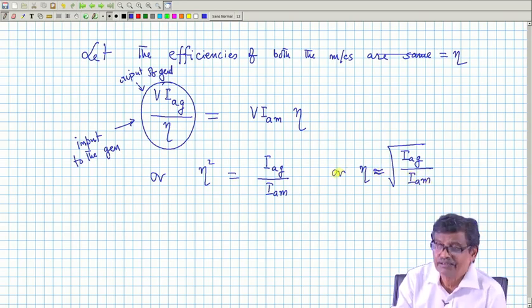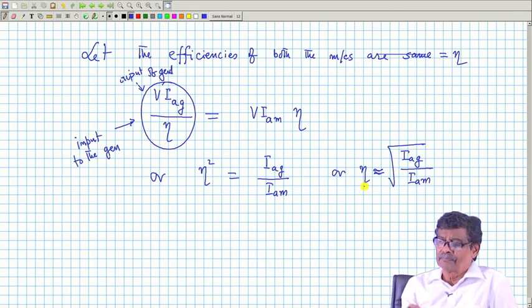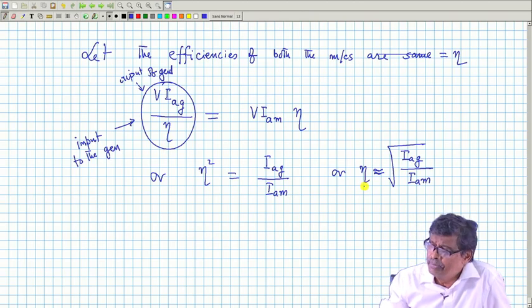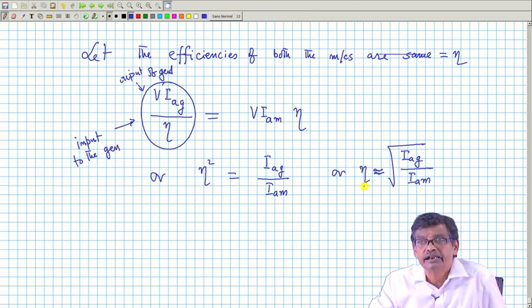As a first calculation you can say like that. So, anyway, read about it, particularly the connections are very interesting.